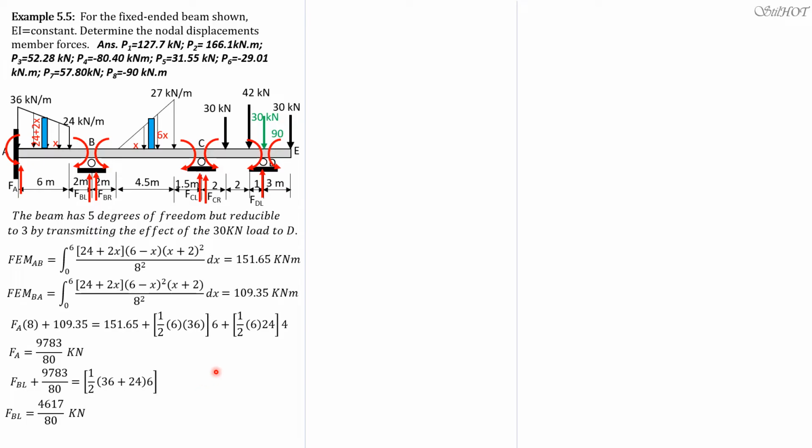Then for portion BC, fixed moment BC equals integral of 6x dx times quantity 2 plus x times 6 minus x quantity squared divided by 8 squared, where the distance of the strip from the right is 6, because this is total 6, minus x. So 6 minus x squared over 8 squared.